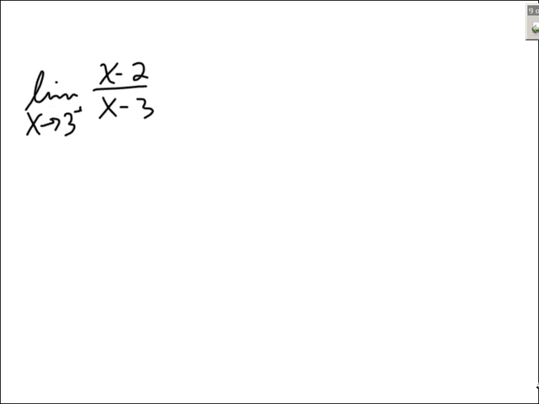If it gets really close to 3, well, the top is going to get close to 1. 3 minus 2 is 1. And the bottom is going to be a little bit more than 0. Let's write 0 plus. Why a little bit more than 0?